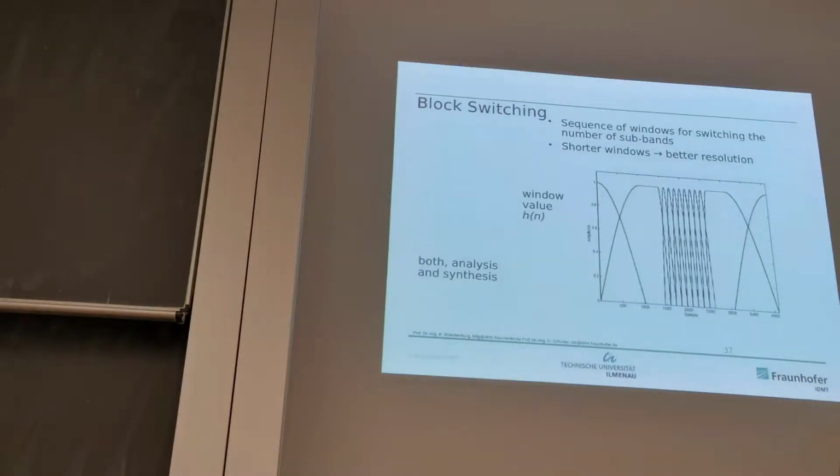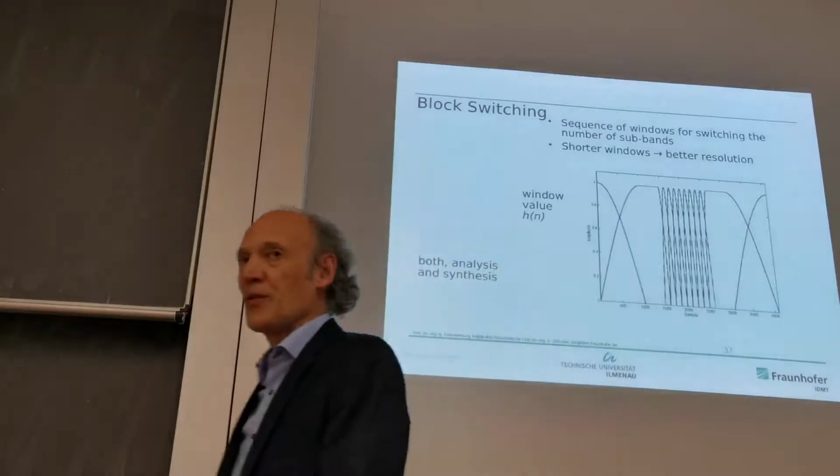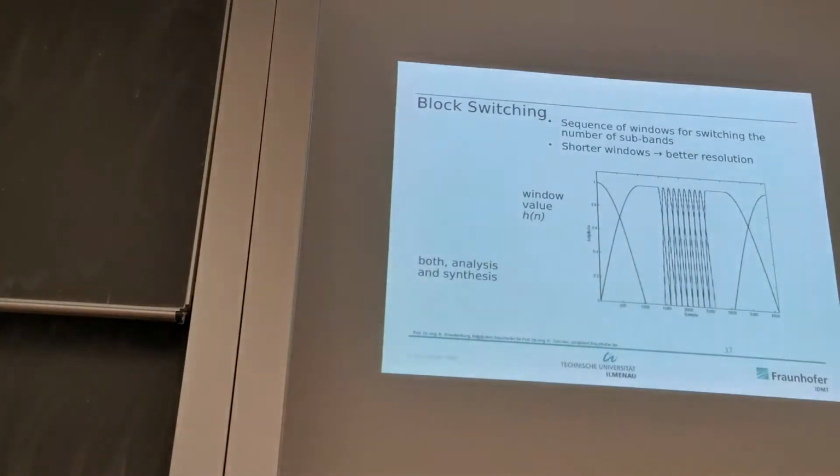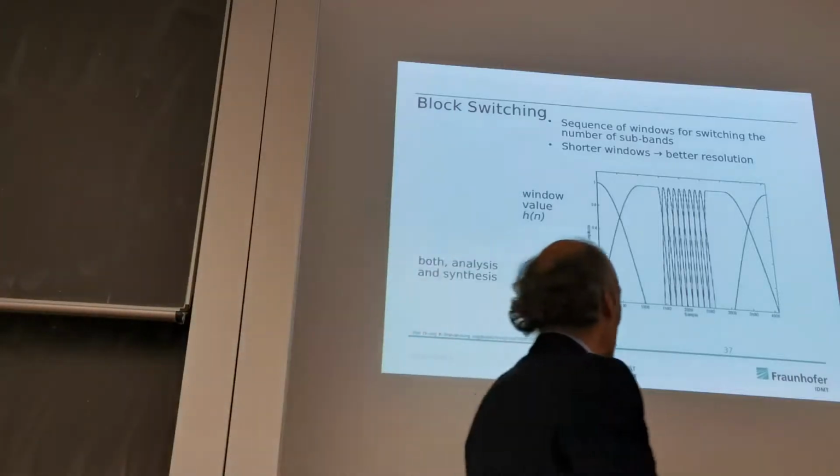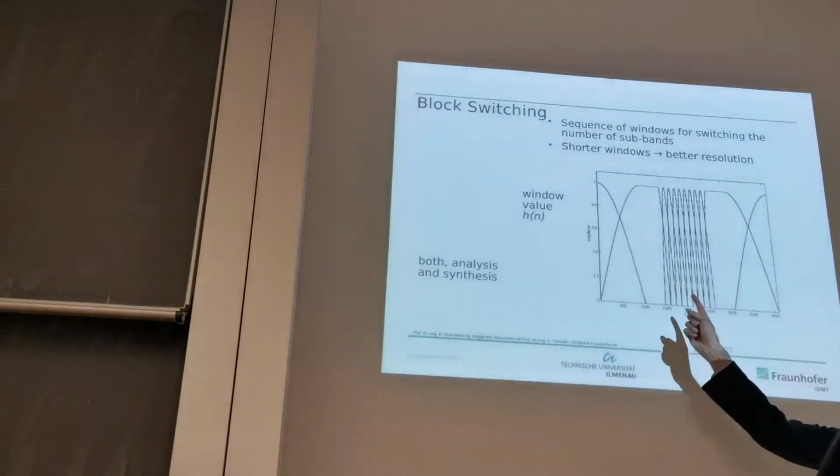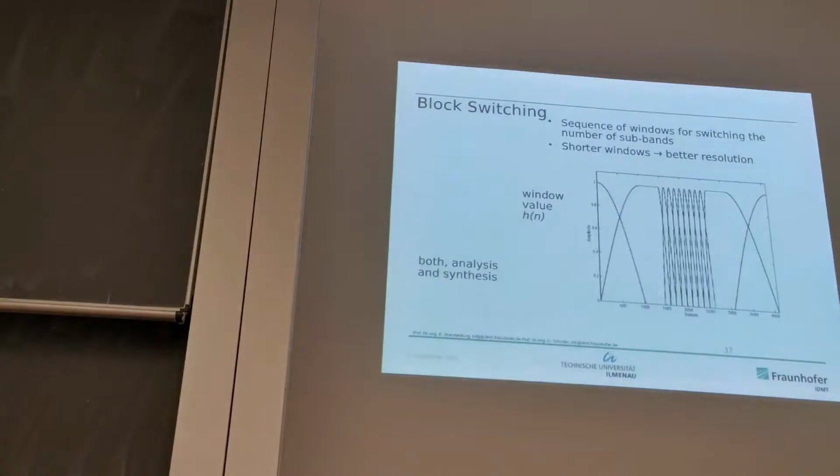So instead of 1024 subbands, you only have 128 subbands, which correspondingly have a wider bandwidth. The bandwidth is also 8 times as high. So instead of 31 hertz or something, we have 8 times 30, so like 250 or something hertz bandwidth. And that's indeed a major change. We changed the resolution.